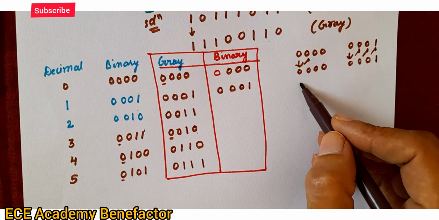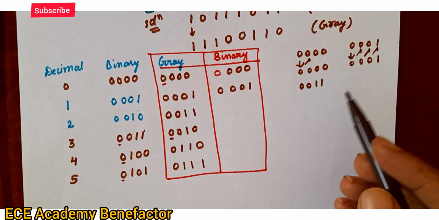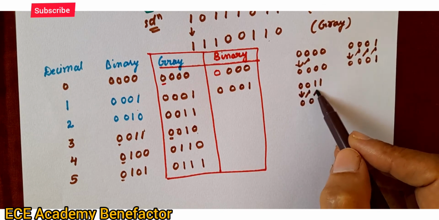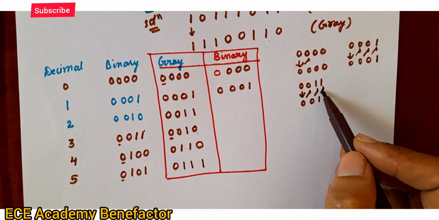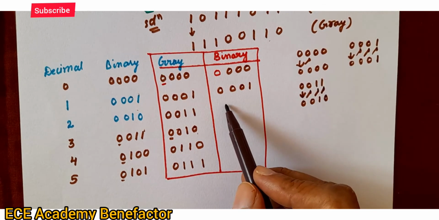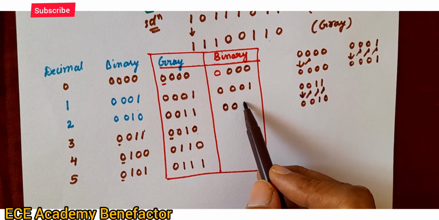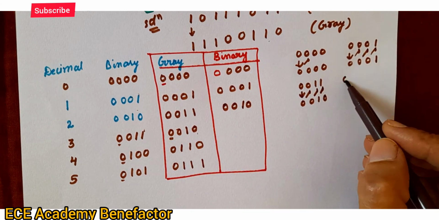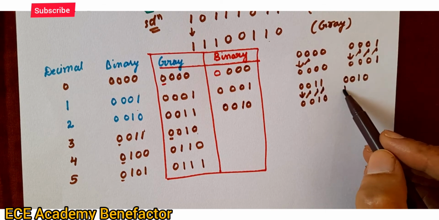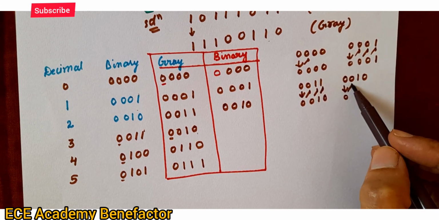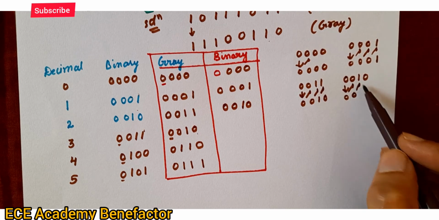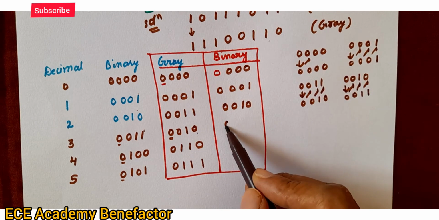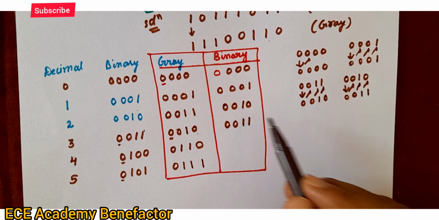Now, the third one 0 0 1 1, MSB bit 0, 0 XOR 0 is 0, 0 XOR 1 is 1, 1 XOR 1 is 0. So, it will come as 0 0 1 0. Now for this one 0 0 1 0, MSB bit 0, 0 XOR 0 is 0, 0 XOR 1 is 1, 1 XOR 0 is 1. So it will come as 0 0 1 1.